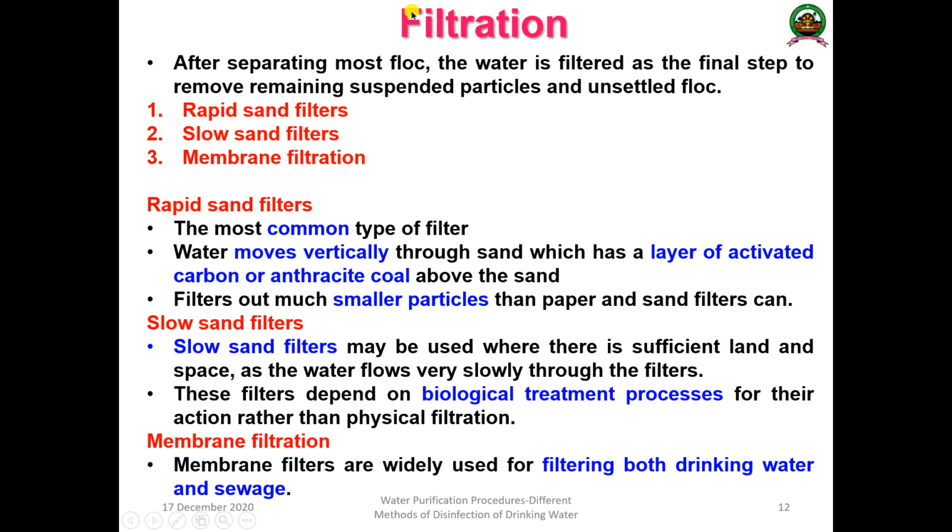One is rapid sand filters, next is slow sand filters, and next is membrane filtration. The rapid sand filter is the most common type of sand filter, where the water moves vertically through the sand, which has a layer of activated carbon or anthracite coal above the sand.